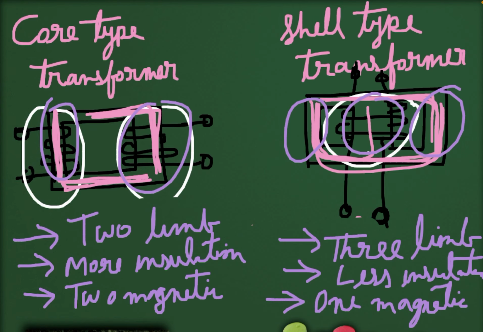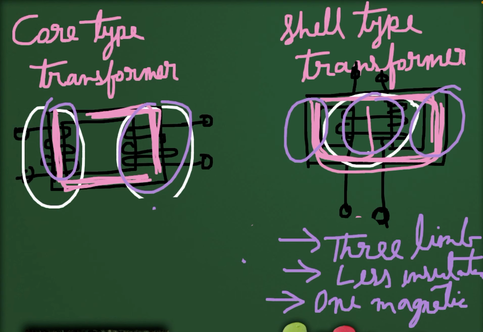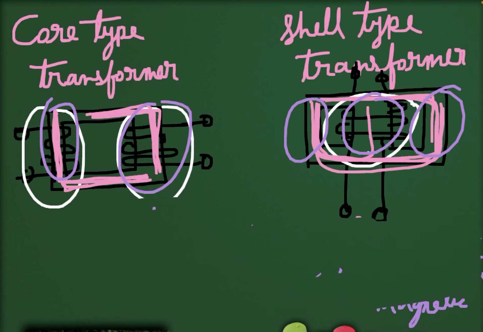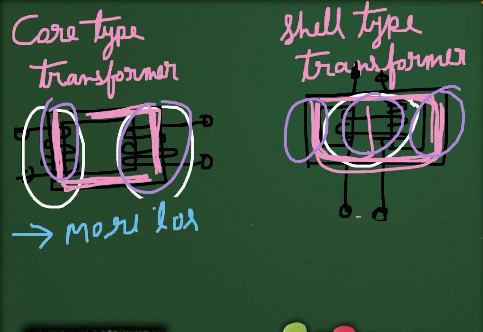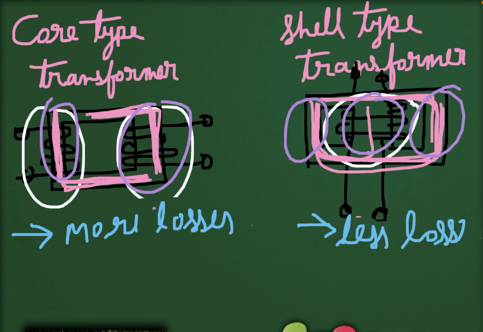Next, we have to discuss losses. Here the losses are more in the case of core type, while in the case of shell type losses are less.